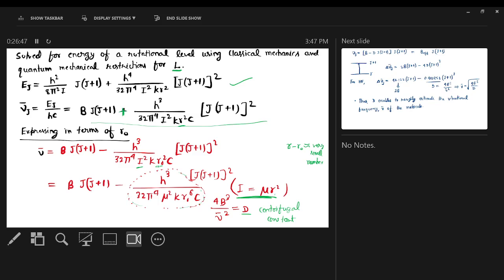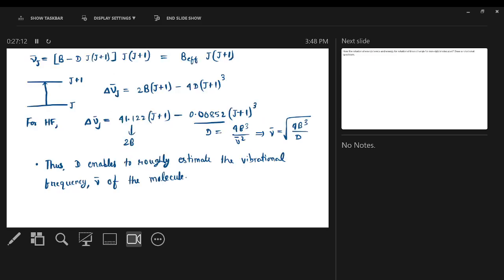So we saw that the bond length of any molecule is not rigid while recording rotational spectra. We also saw how we can calculate the energy of any rotational energy level or frequency of any rotational energy level. Then we can calculate the transition, the energy required for the transition from J to J plus 1.